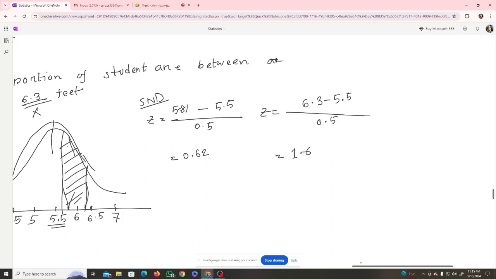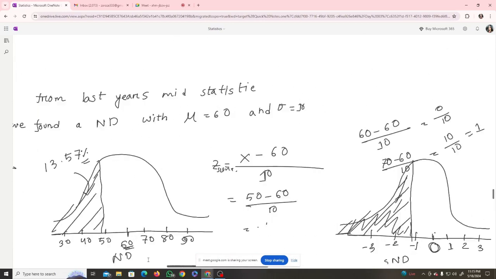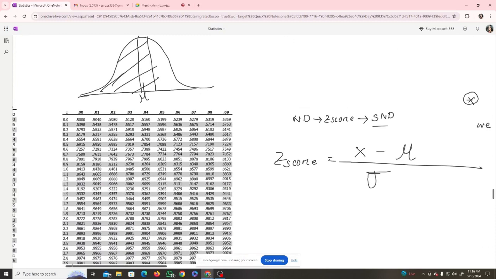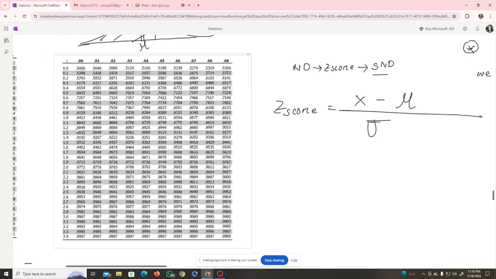Now since you have your z score, you have to find the area from the z table, right? So in this case, firstly let's find for 0.62. Here we have to find 0.62. You see this is 0.6, and after 6 we should have 2.